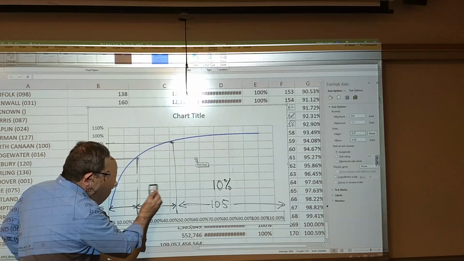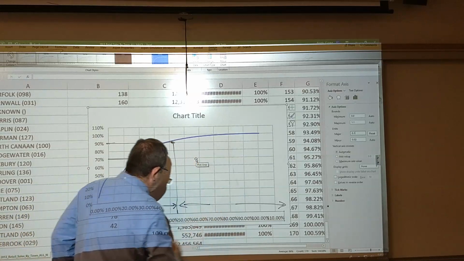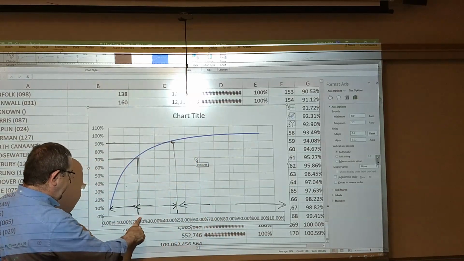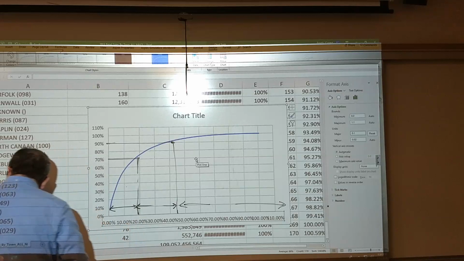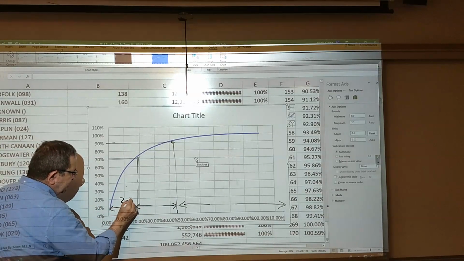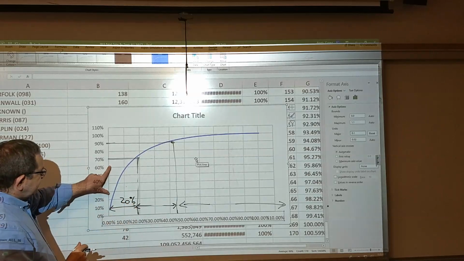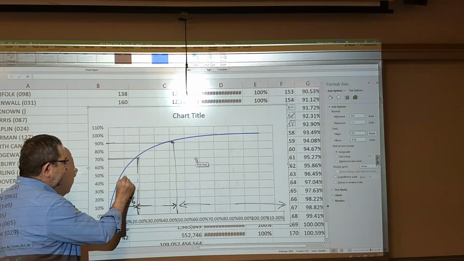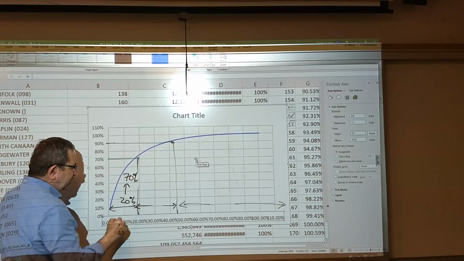Looking back at the previous categorization. So this is 20%. So in this case, 20% of municipalities accounts for 70%, okay? They generate 70% of sales.